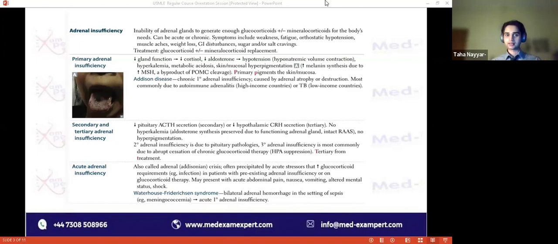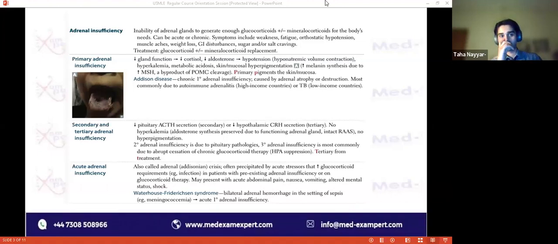Then your cortisol basically goes out because it is being regulated by this hypothalamus pituitary axis. But the aldosterone stays the same. It does not affect the aldosterone because aldosterone is being regulated by the renin-angiotensin system.